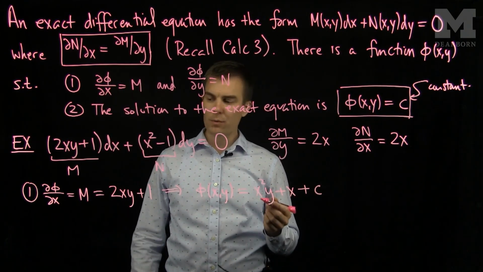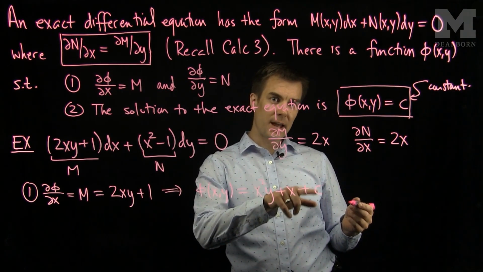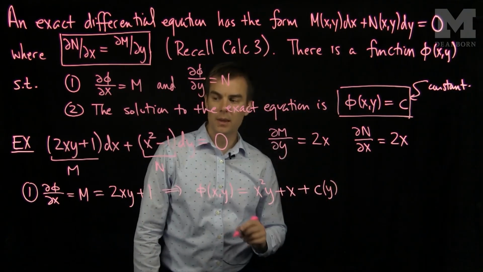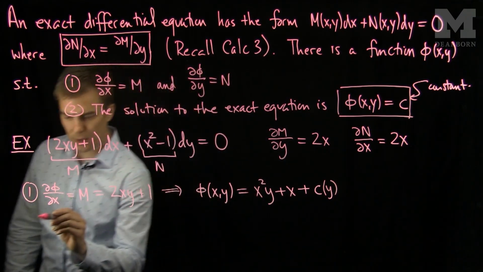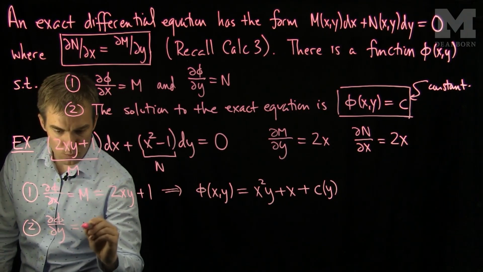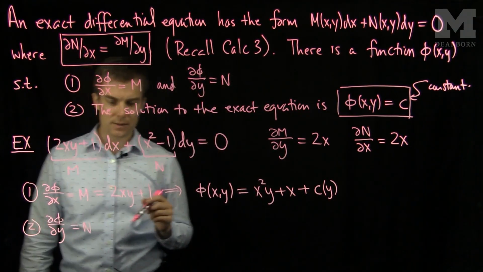Now we should pause and realize that I did a partial integral, so this constant is not an actual constant. This constant must depend on the other variable y. We now use the second condition, partial phi partial y equals N, to determine what this function c of y is.